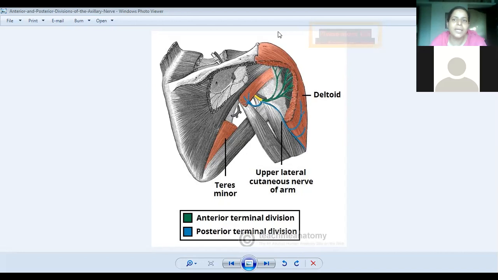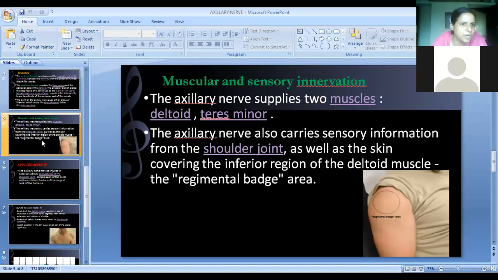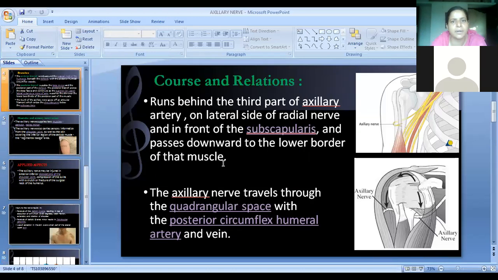This picture is the key picture in order to make you understand what exactly is axillary nerve, otherwise it becomes difficult for you. Okay, now we will go back to our PowerPoint. Now it becomes very easy, you will easily understand now.